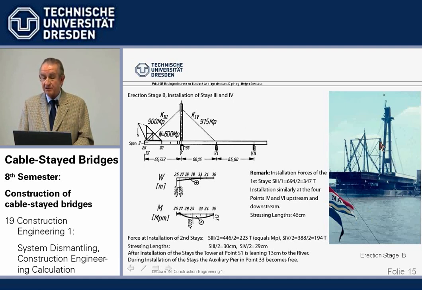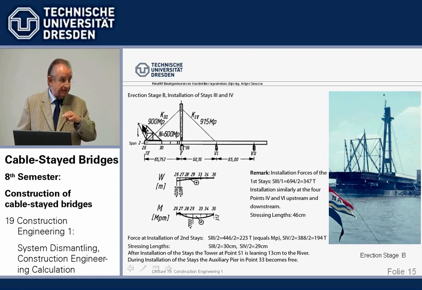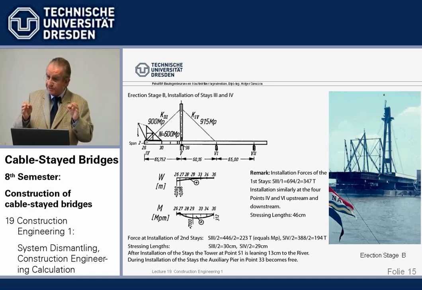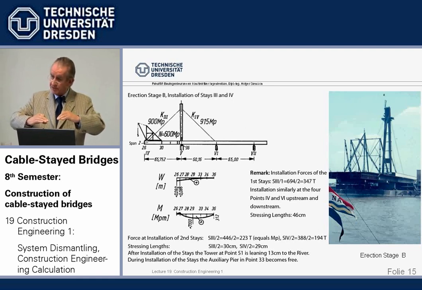We see the derrick here, and we see the one backstay, and we see the one forestay installed. We see the deflection, again, precisely for this situation. With this derrick at this point, when the derrick is somewhere else, we have a different force and different deflections. We must be very, very careful to duplicate on site the complete load situation we have assumed during the calculation.